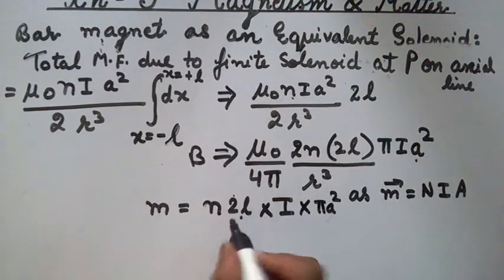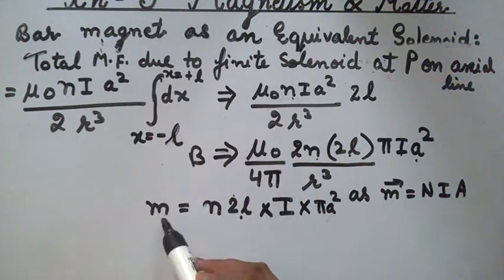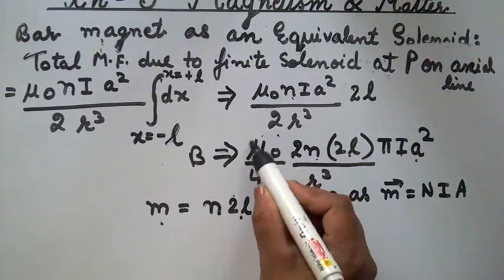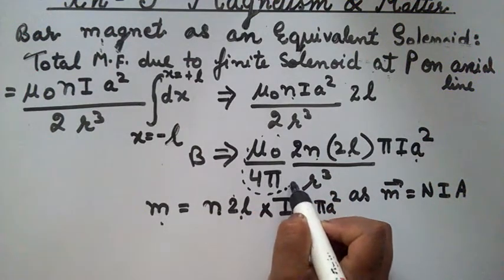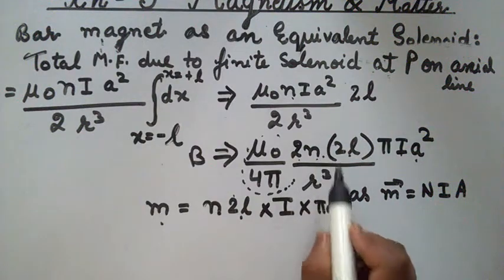And 2L I pi a square is small m. So here we are left with mu naught upon 4 pi into 2 small m by r cube.